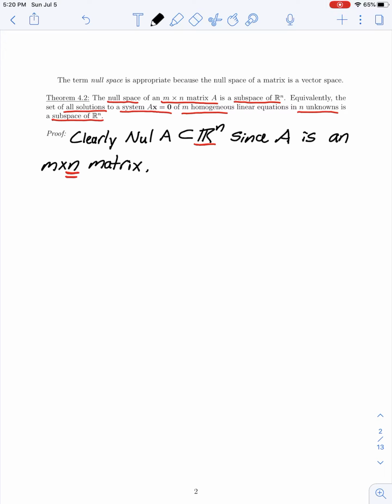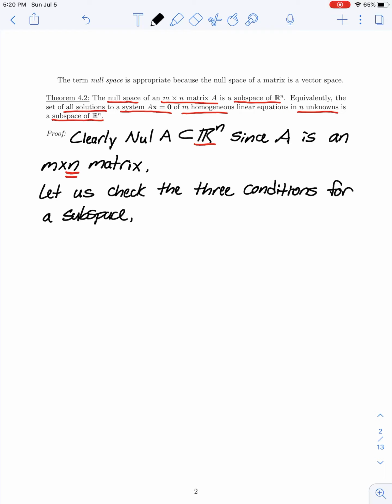Now to show that it's a subspace, there are 3 conditions that we have to check. So let us check the 3 conditions for a subspace. The first condition is that a subspace must contain the 0 vector.